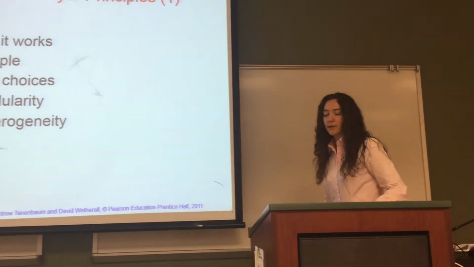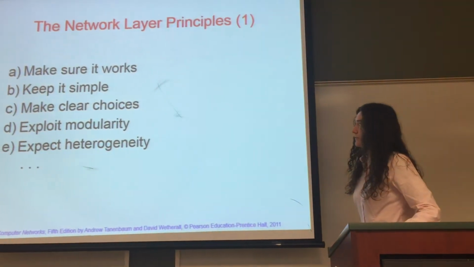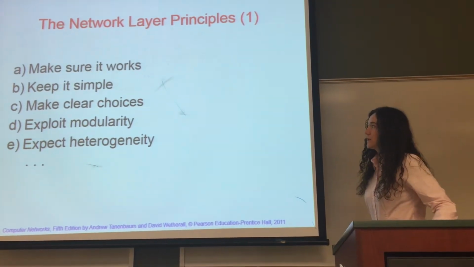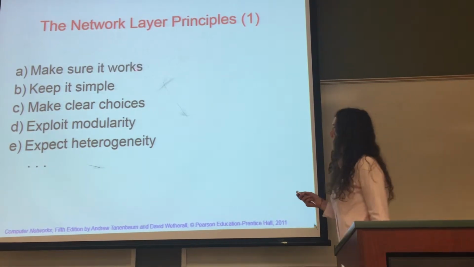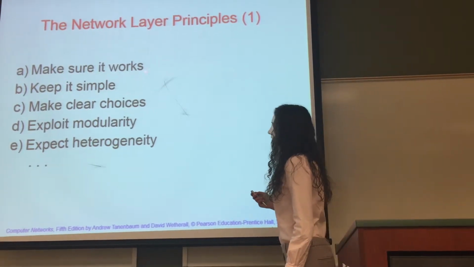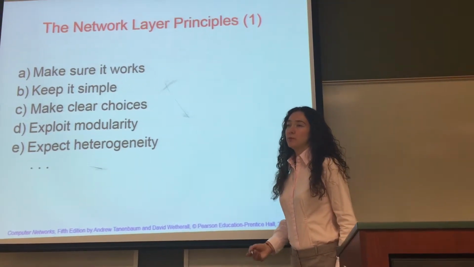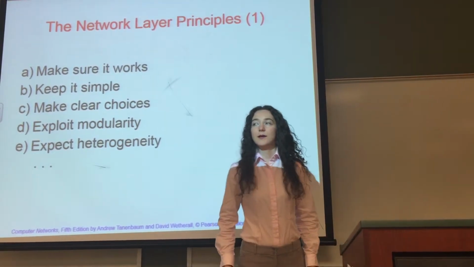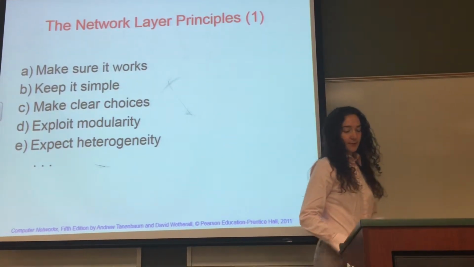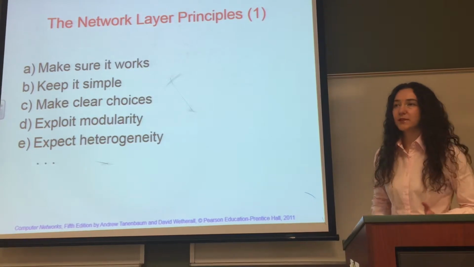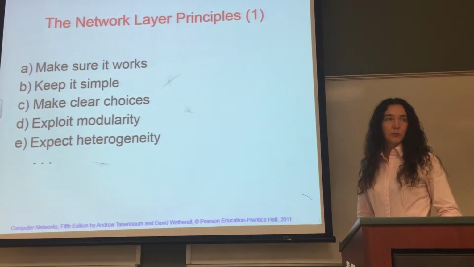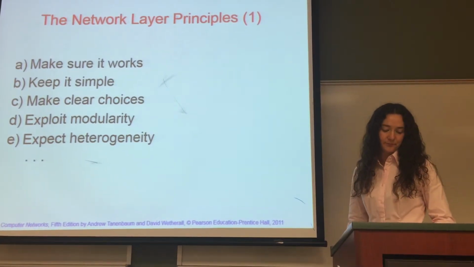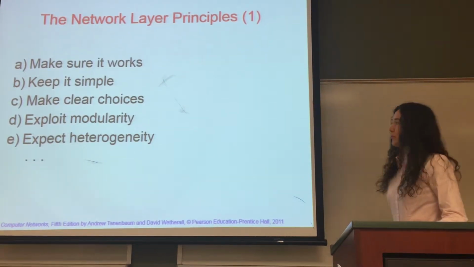If we are designing this particular layer, a few things that we need to keep in mind. The first one is make sure it works. This means we need to develop multiple protocols and try them, multiple prototypes and try them until we are sure that one of these prototypes is successful. Keep it simple.